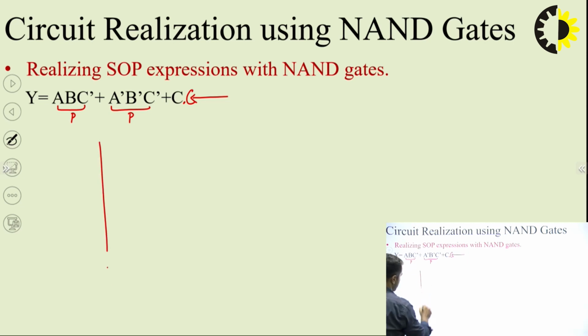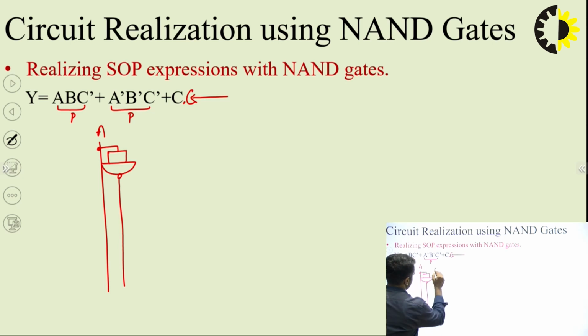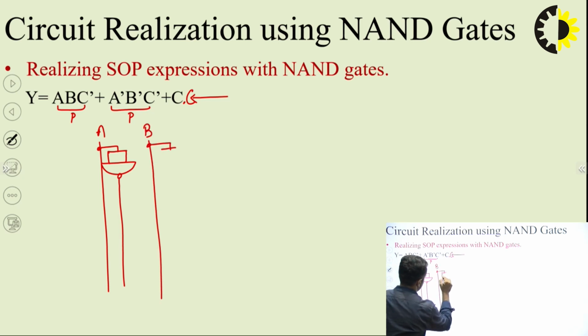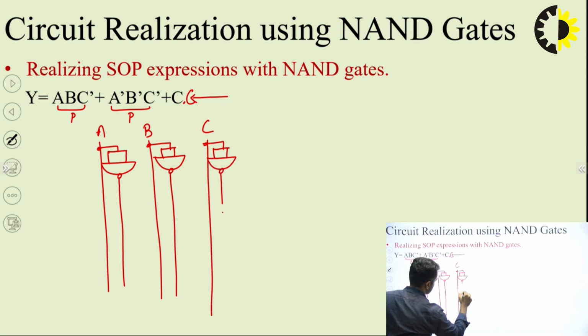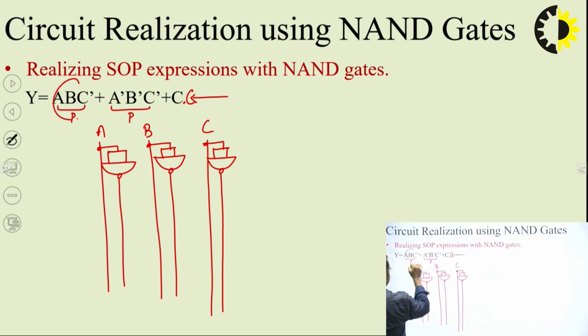So there is A, A complement, B, C and C complement. ABC complement, realizing this first product, ABC complement.